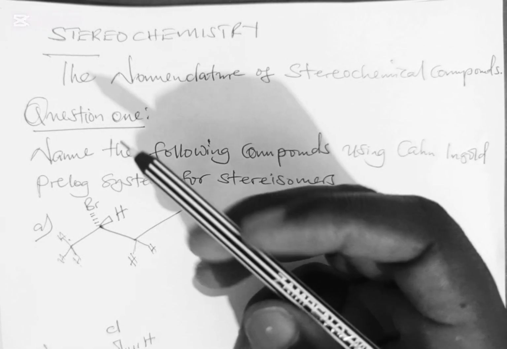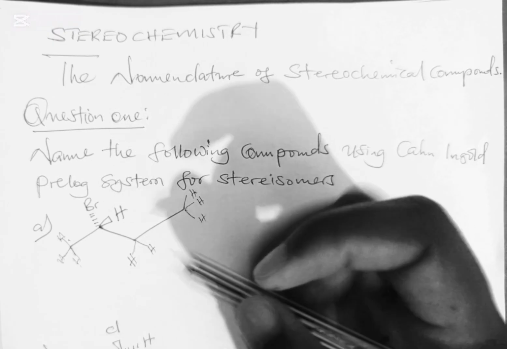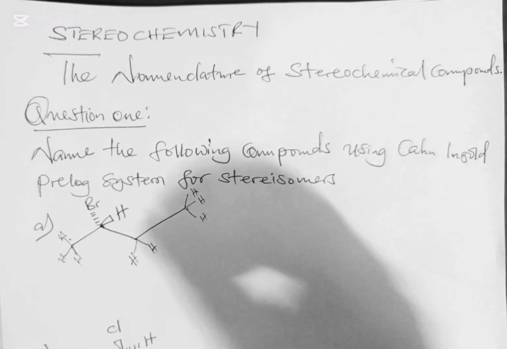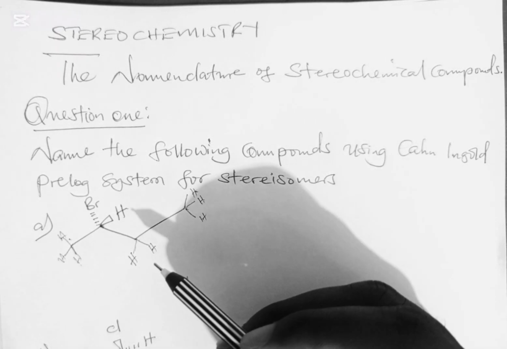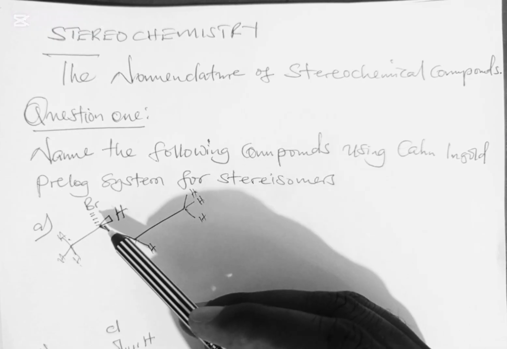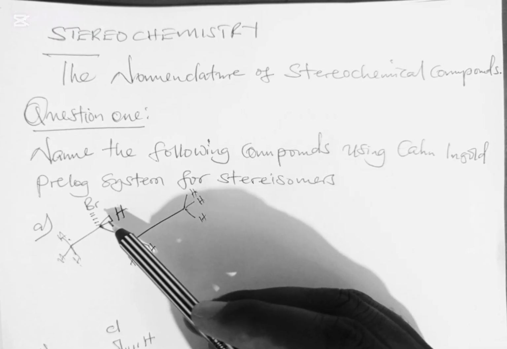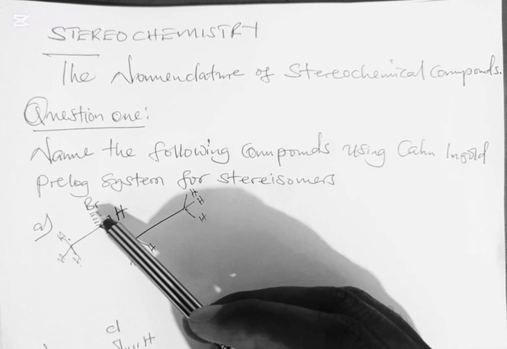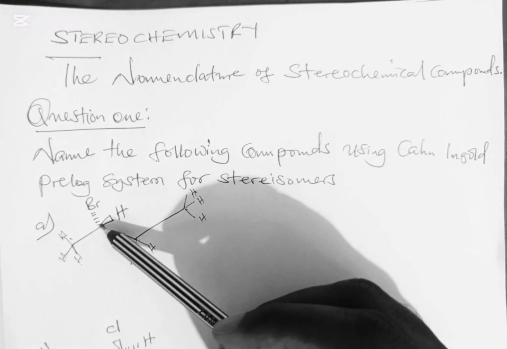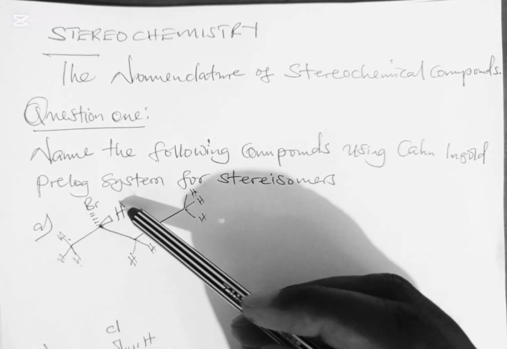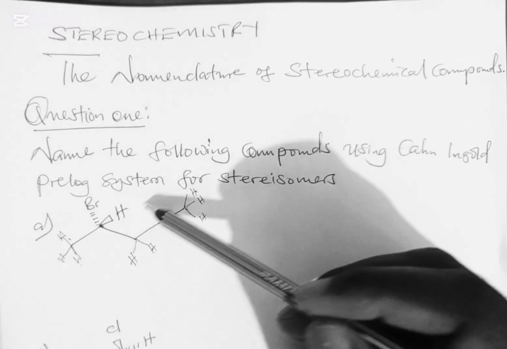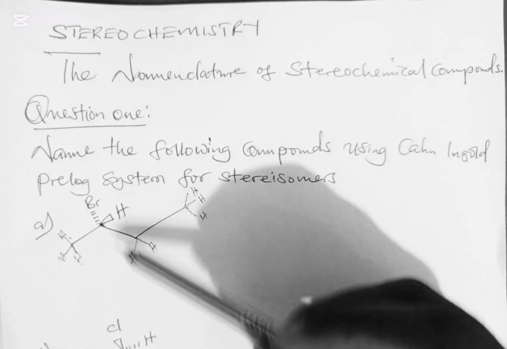Once you've done that, that's when you can now go ahead and name this compound here. So again, remember the rules that we did. We say that the priorities are given based on which atom has got the highest atomic number. So in this case, around this chiral carbon here, we've got a bromine, hydrogen, methyl group, and this ethyl group here.